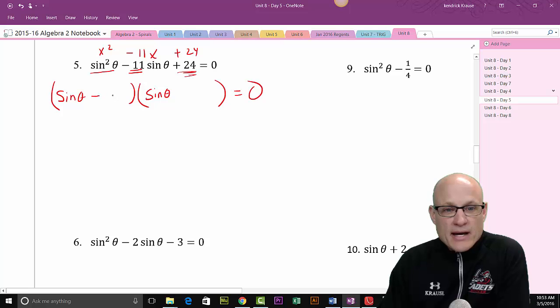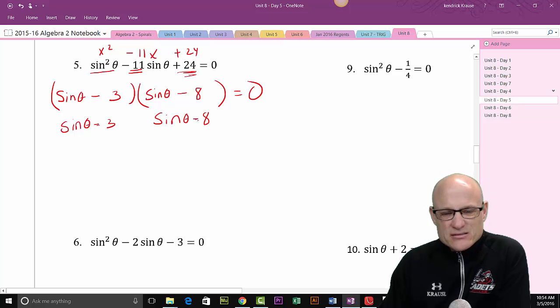And that would be minus 3 and minus 8. Okay, so this one gives me sine theta equals 3, or sine theta equals 8.